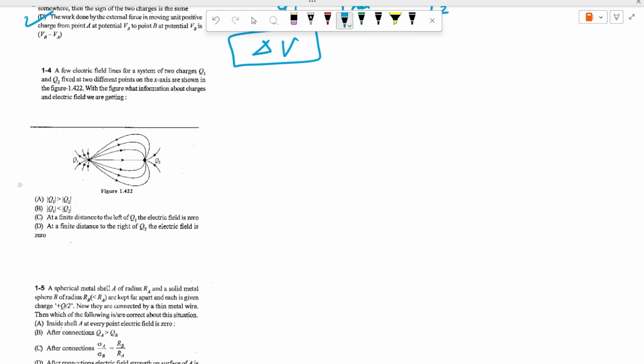Now we need to see which of these two options is going to be correct. At a finite distance to the left of Q1, the electric field is 0. So essentially what finite means is it is relative to infinite, right?